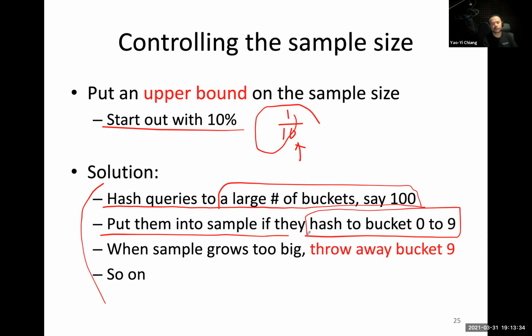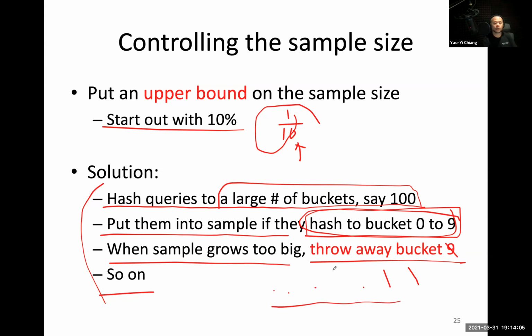That's 1/10. When the sample grows too big, when all the data points in your buckets 0 to 9 have exceeded the memory you have, then you're going to throw away bucket 9 and so on, right? If your sample grows and grows and outgrows your memory space, you throw away 9, you throw away 8, you throw away 7, and so on.